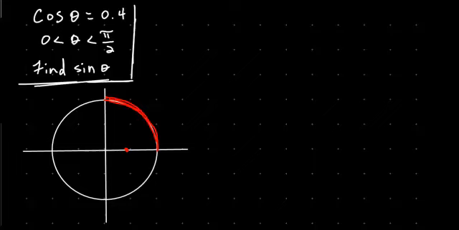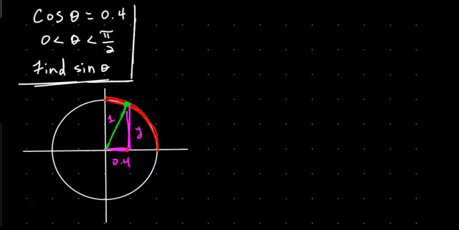That puts me right there. So we know this length is 0.4, and we want to find this length there of y, and we know that the hypotenuse here is the length of 1. We're in the unit circle. So you see there, it's just really simply solving a right triangle.